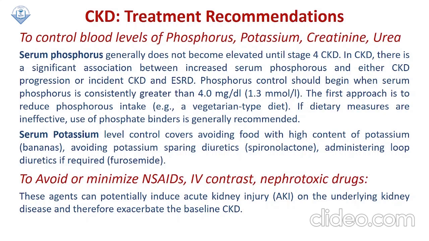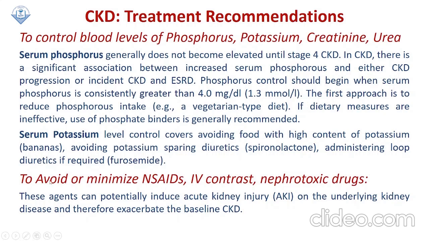Potassium level is increased in chronic kidney disease, so we must control it, and we must avoid food with a high content of potassium, and avoid potassium sparing diuretics like spironolactone. And if required, we can administer loop diuretics because they decrease the potassium level. They stimulate its elimination.